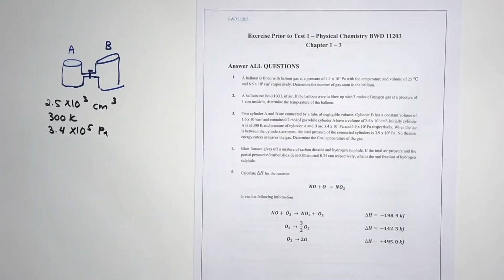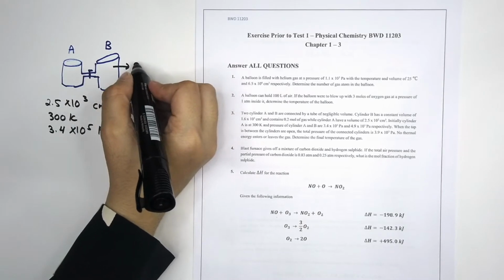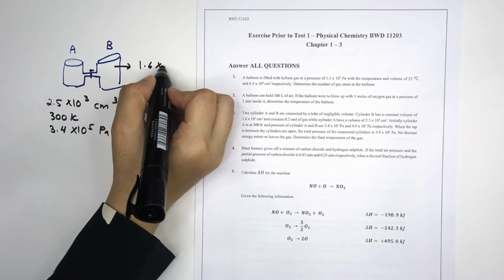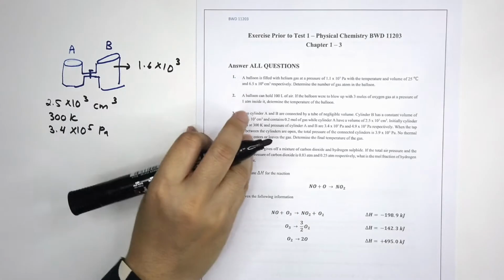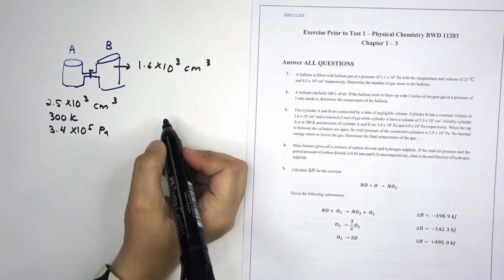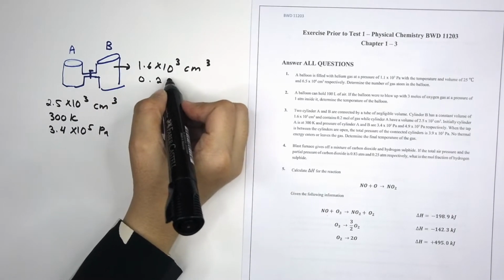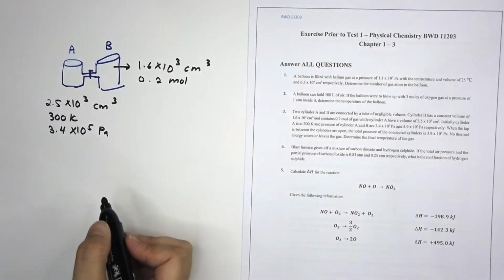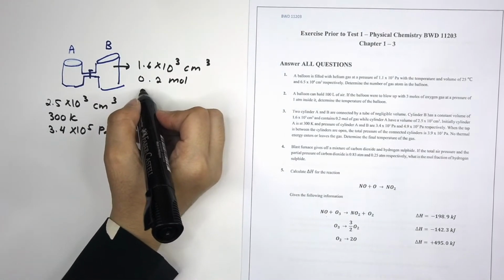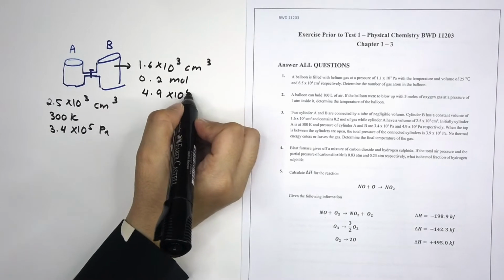For cylinder B, the size is 1.6 times 10 to the power of 3 cm cubed, and the number of moles is given to you already, 0.2 mole, and the pressure is 4.9 times 10 to the power of 5.